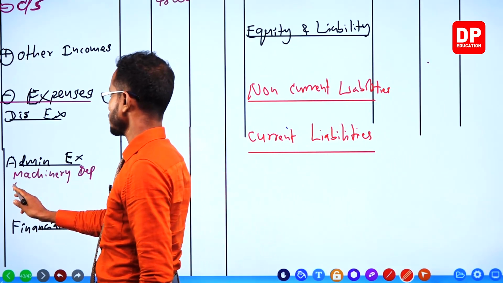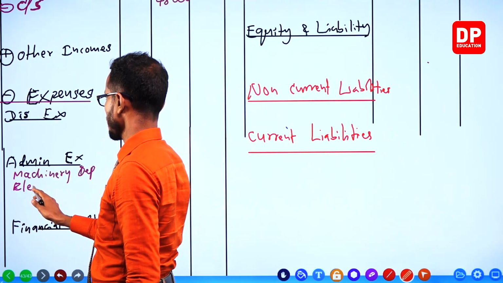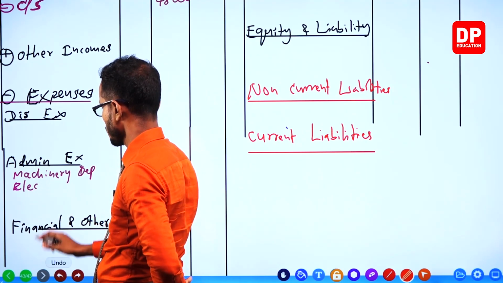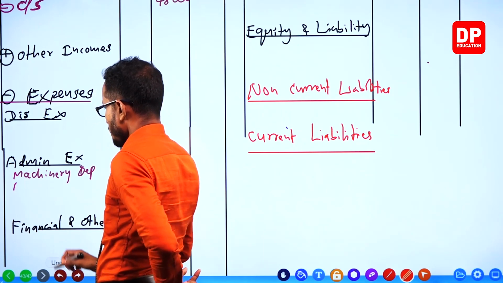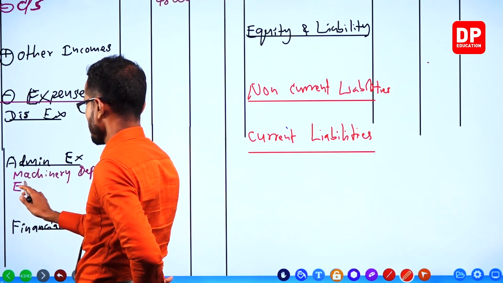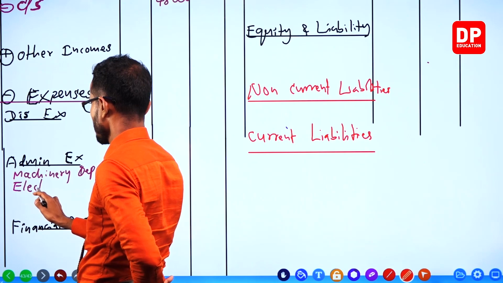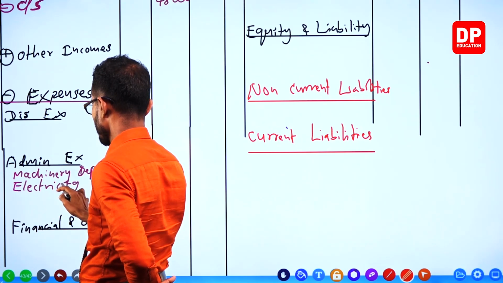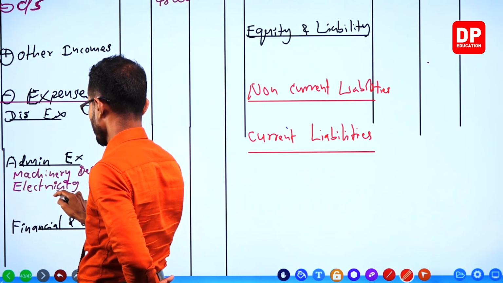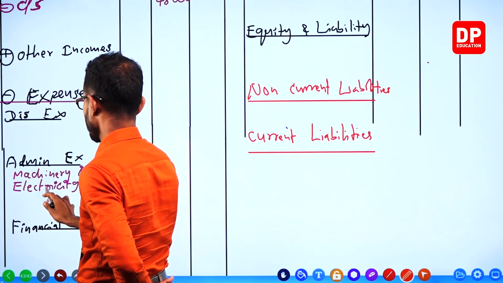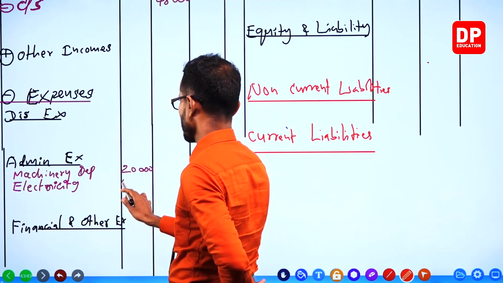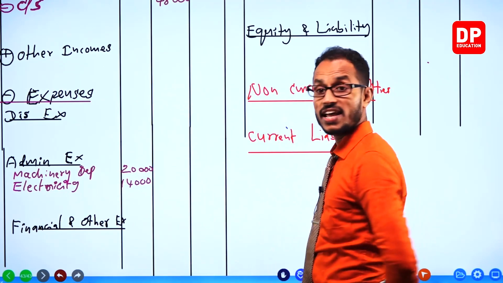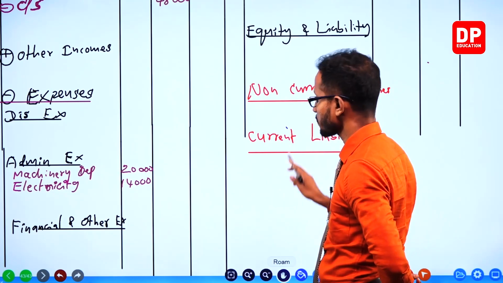Admin. Electricity goes under admin. $14,000, after adding, I took the answer, right?